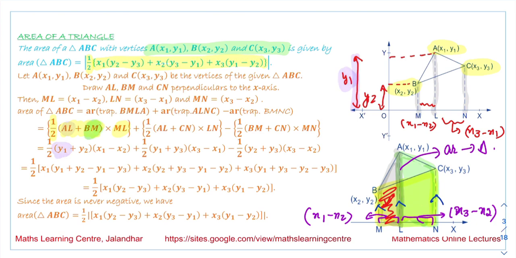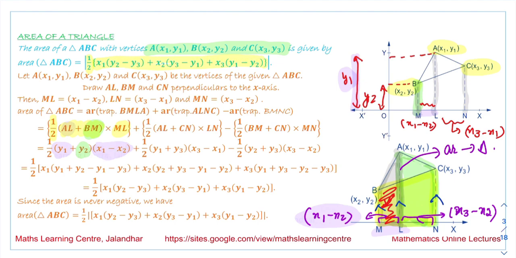BM, the value is y2. Next, ML is the height of this trapezium, and the value of this ML we have seen is x1 minus x2, and it is written over here.